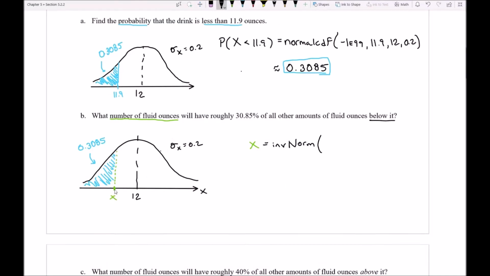So I'm looking for this X, and I want to ask first, for my first input, how much area is on its left side. You always have to go to the left side. Well, notice I already have that number. That's my number in blue. So that's this value. My next values would just be my mean and my standard deviation.